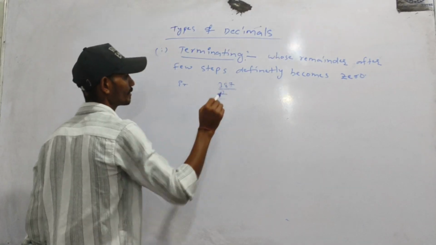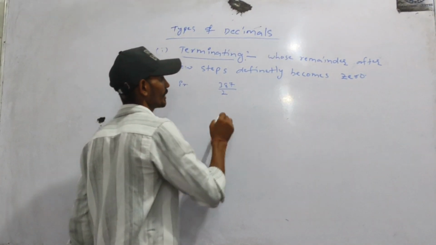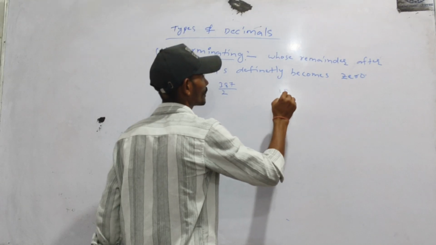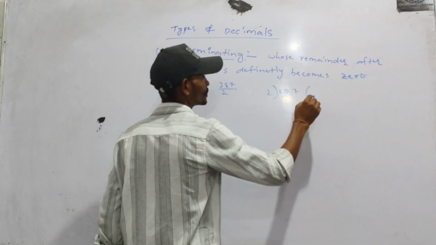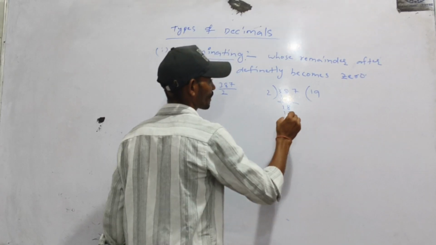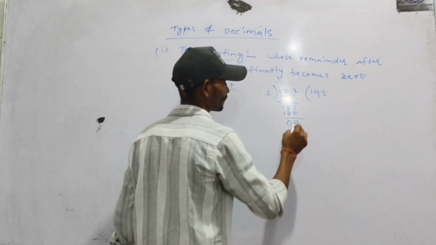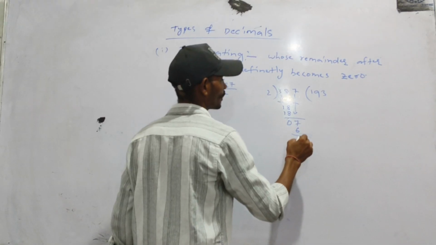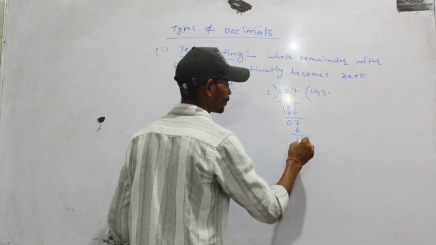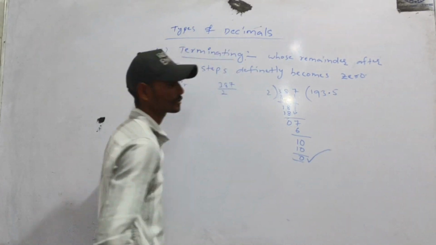387 divided by 2. When the numerator is divided by the denominator, 387 by 2: 2 ones are 2, remainder 1, 2 nines are 18, so you get 0 and 7, 2 threes are 6, remainder 1. As per the point you put 0, 2 fives are 10, and the remainder becomes 0.